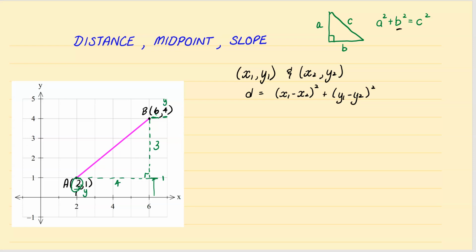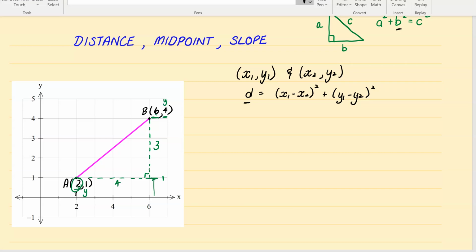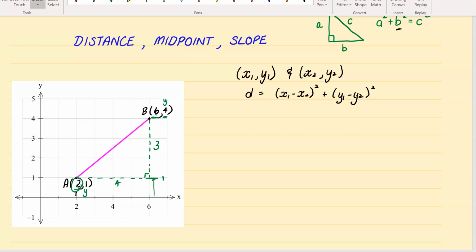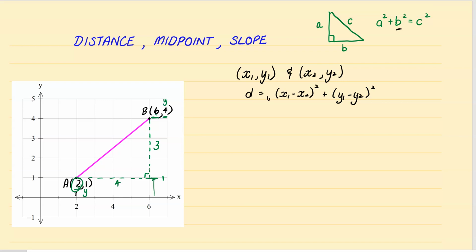That's going to equal our distance squared. But I don't want d squared, I just want d. So how do I get rid of a squared? The opposite of squaring? Correct, square rooting. So we will square root that whole thing, and that's our formula for finding the distance between 2 points.